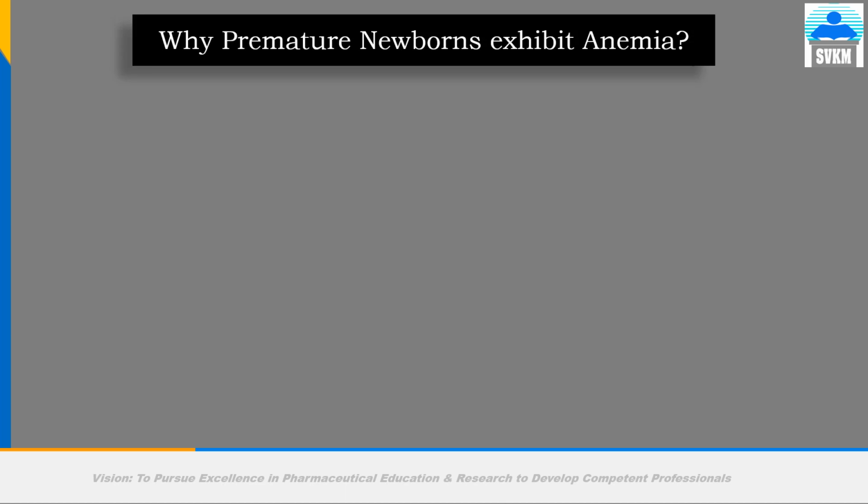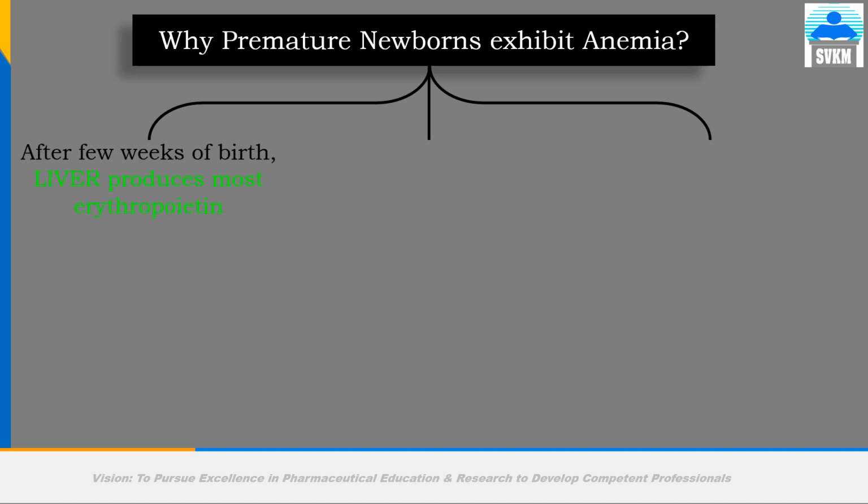Next point, why do premature newborns exhibit anemia? During the first week after birth, the liver produces most of the erythropoietin because the liver is less sensitive than the kidney to hypoxia.